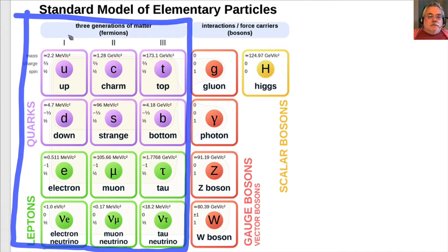The three columns are called the three generations of matter: 1, 2, and 3. Within a row, the three columns have the same value for electrical charge. In this row, the electron, it's -1, -1, -1.